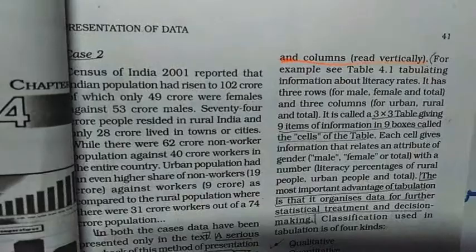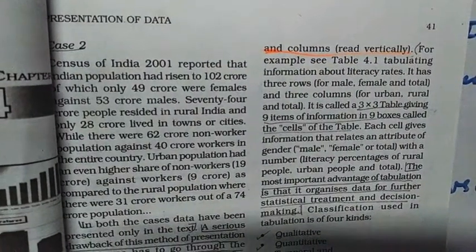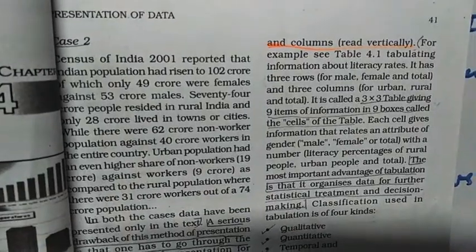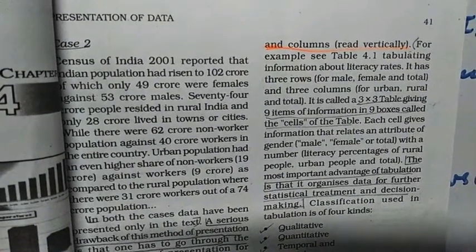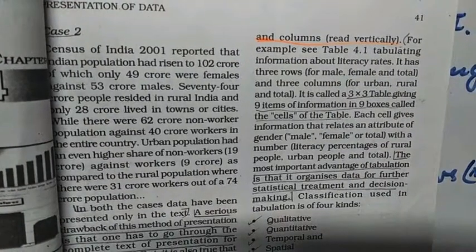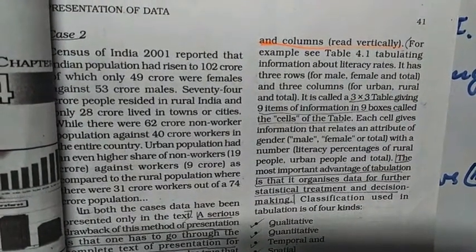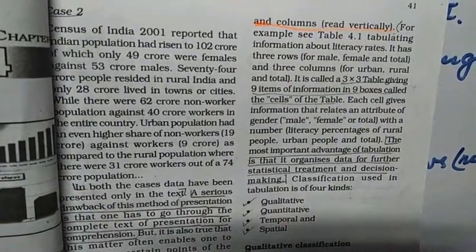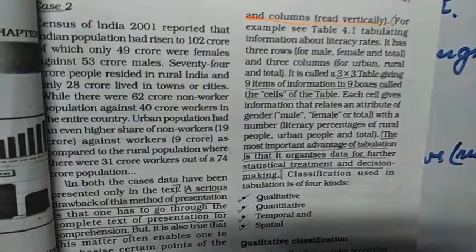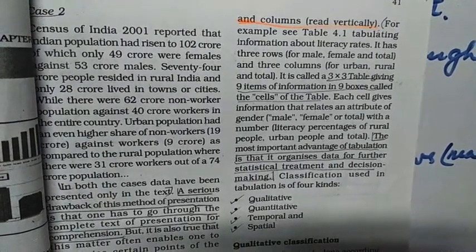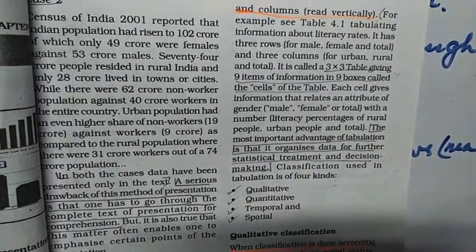Case number 2. Census of India 2001 reported that the Indian population has risen to 102 crore, of which only 49 crore were females against 53 crore males. 74 crore people resided in rural India and only 28 crore live in towns or cities, while there are 62 crore non-worker population against 40 crore workers in the entire country.